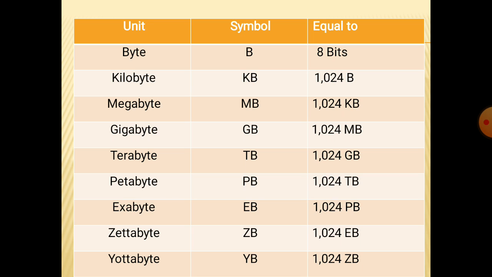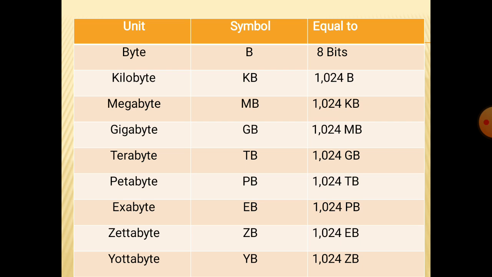The next one is kilobyte, represented as KB, which is equal to 1024 bytes. Next comes megabyte, denoted with MB. 1 MB is equal to 1024 KB.